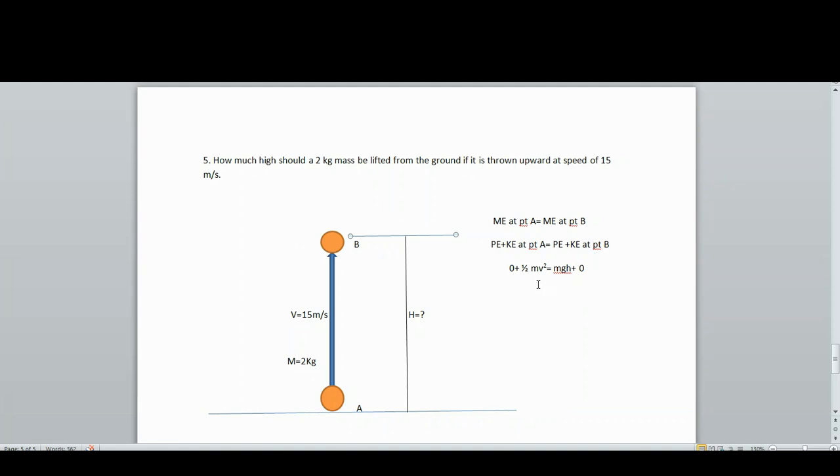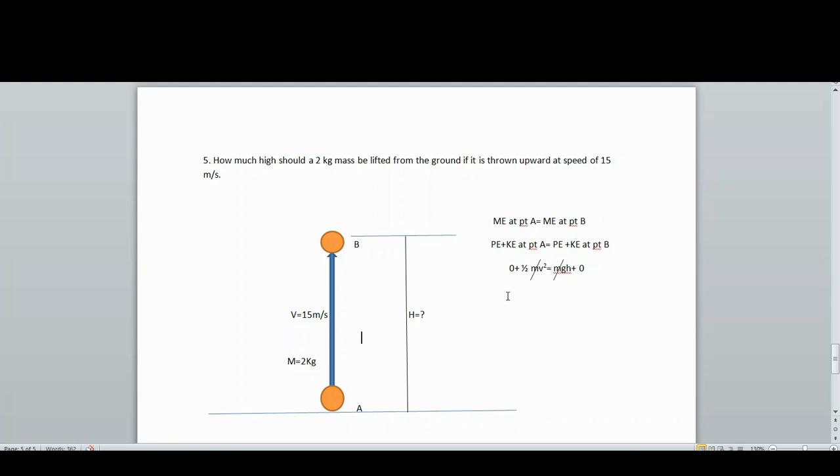In order to solve this problem, we have to cancel. We can cancel the mass from both sides. So, we are going to cancel the mass here and the mass here. Both can be cancelled.